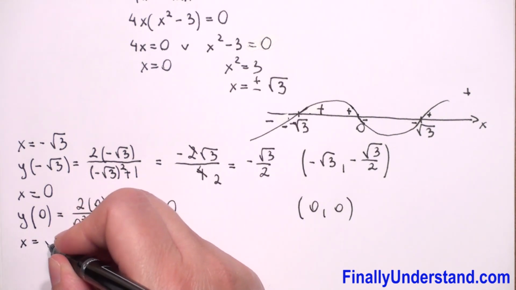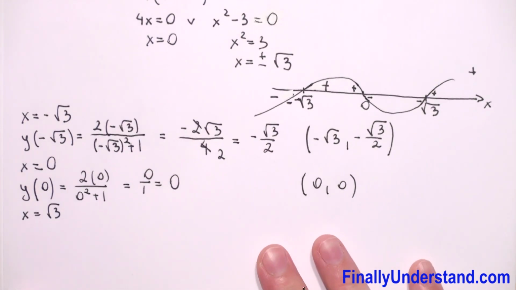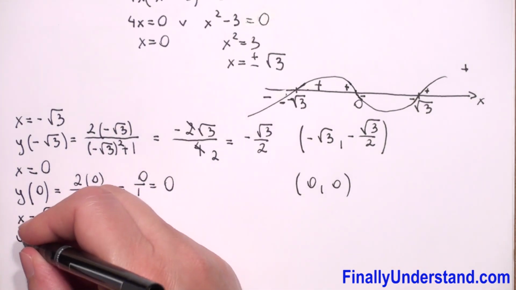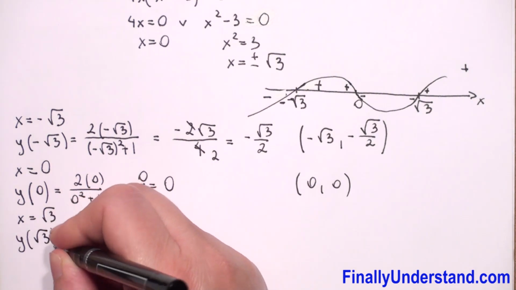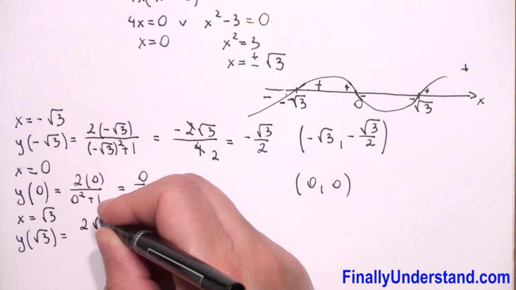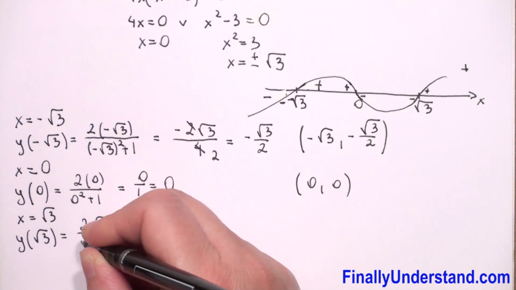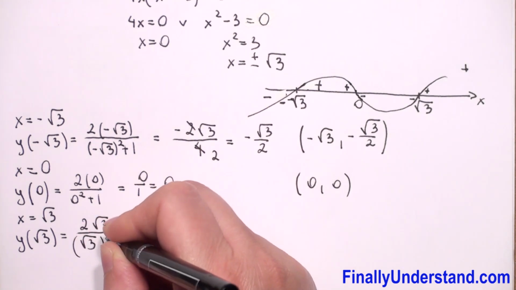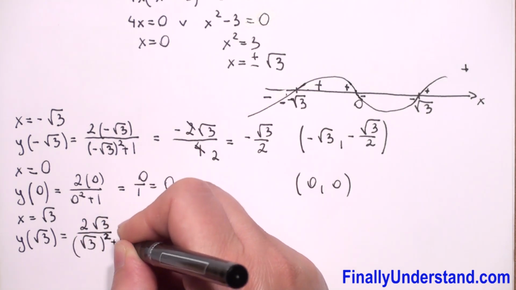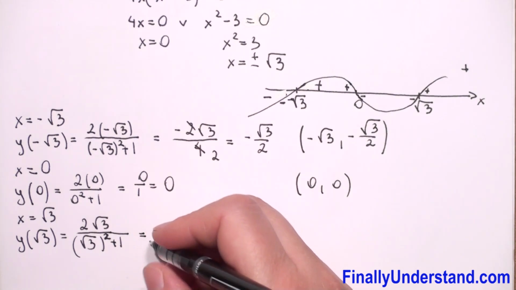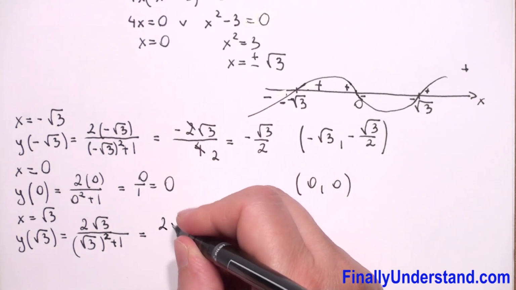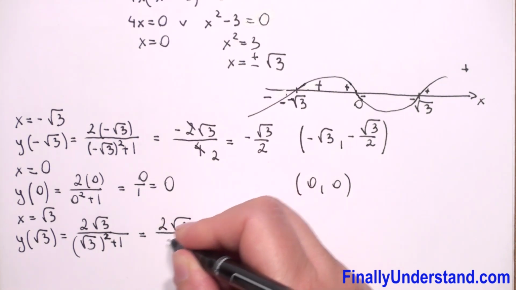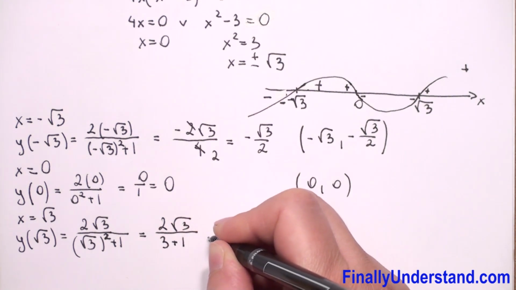And the third is for square root of 3. X is equal square root of 3. So y of square root of 3 is equal 2 times square root of 3 over square root of 3 to second power plus 1. This is equal 2 square root of 3 over 3 plus 1.